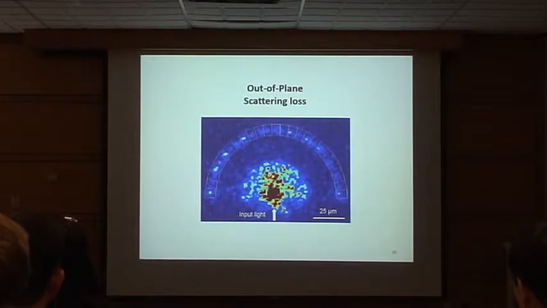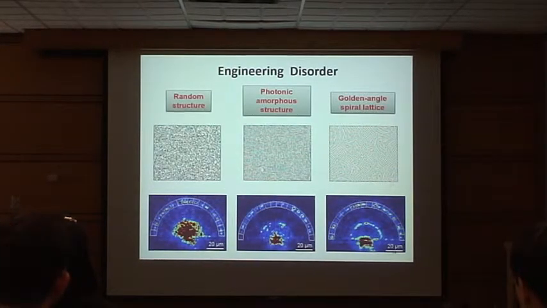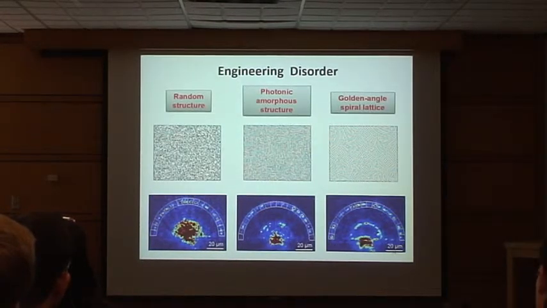We can engineer disorder. Not only using completely random structures, we can introduce short range order, which is basically a model structure, or we can introduce long range order with short range disorder. This is called the golden angle spiral lattice. By engineering those kinds of disorder, we can really minimize the vertical leakage.